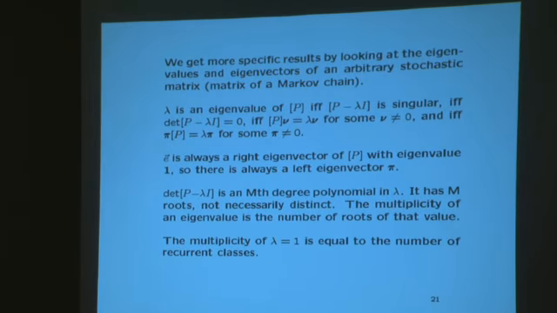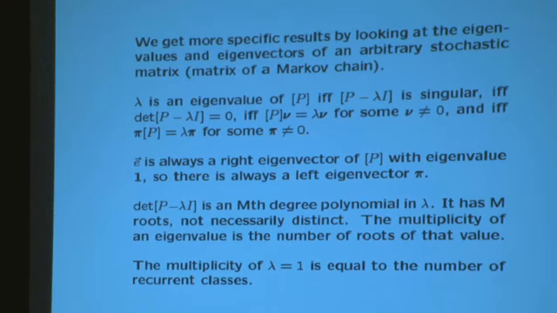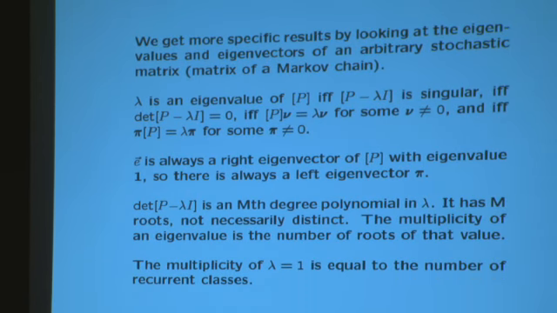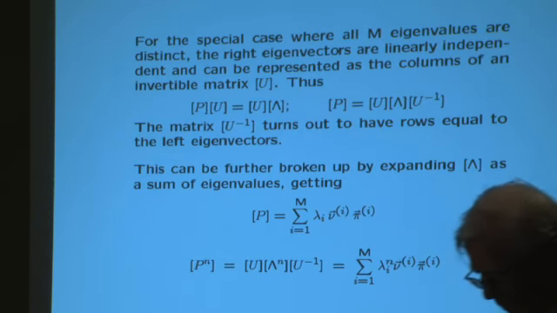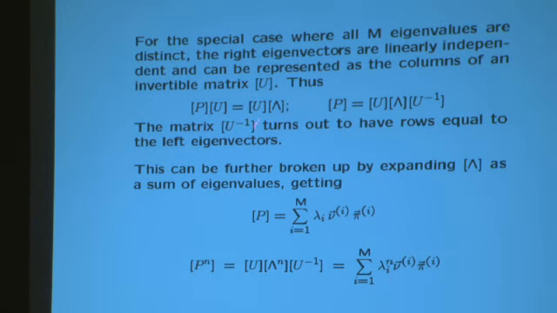If you didn't get that proof on the fly, it gets proved in the notes. And if you don't get the proof, just remember that that's the way it is. For the special case where all m eigenvalues are distinct, the right eigenvectors are linearly independent.